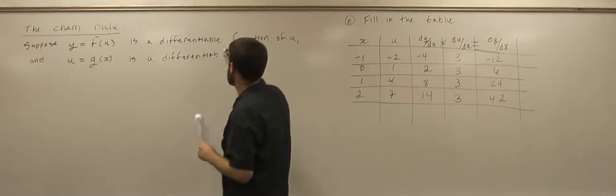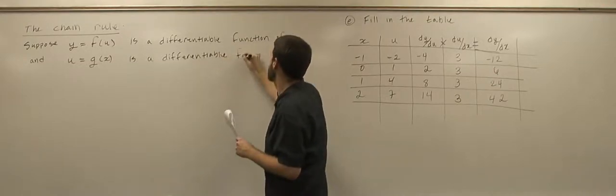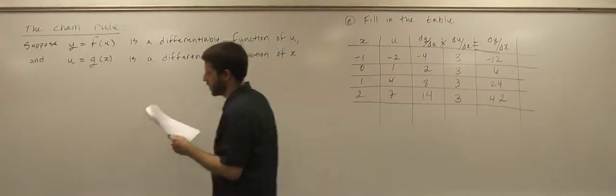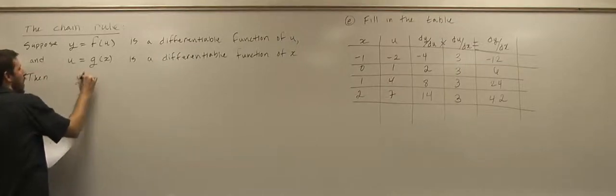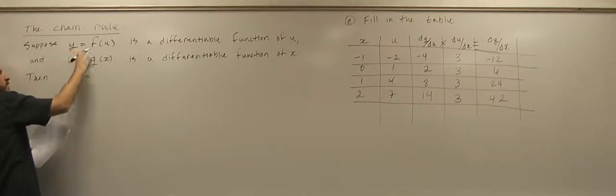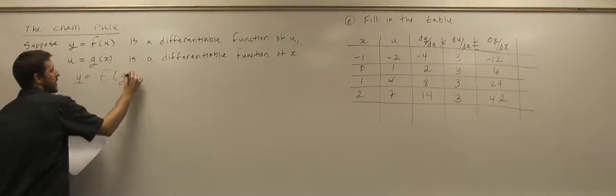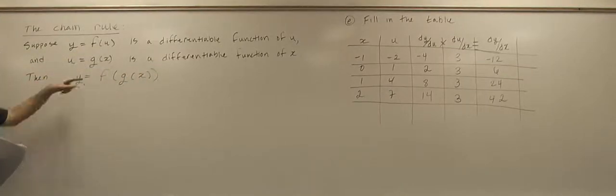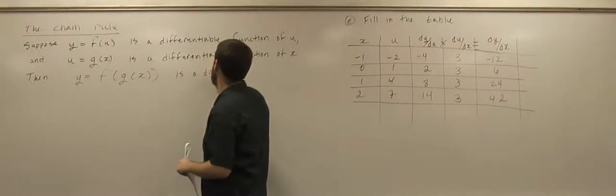So differentiable just means the derivative exists, right? We can calculate it. Then the composition y, which is equal to what you would get if you plugged this function of x in for u, so the composition f of g of x. So I just plug this in here. Then this is also differentiable. It is a differentiable function of x.